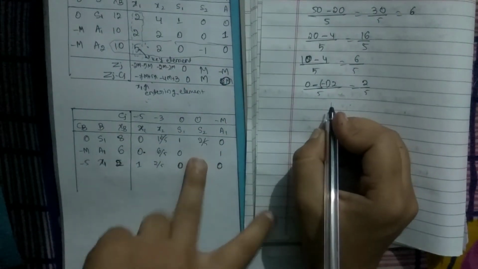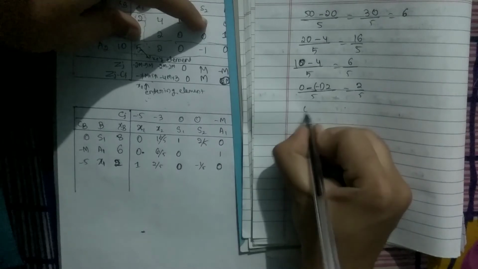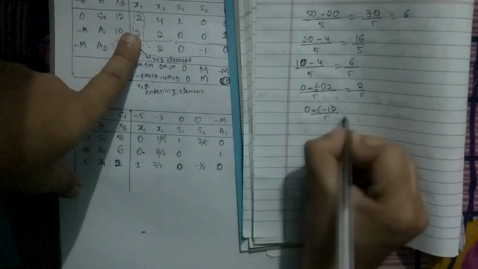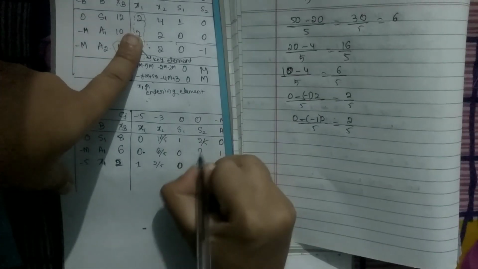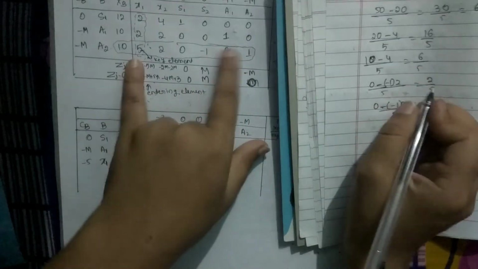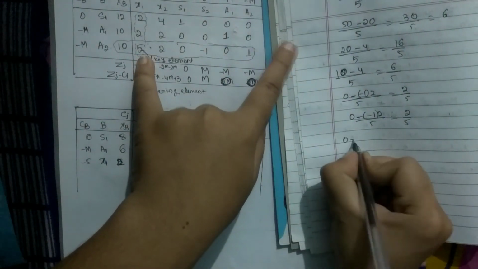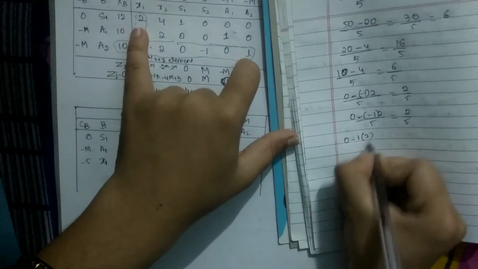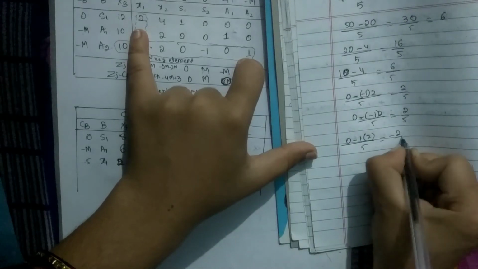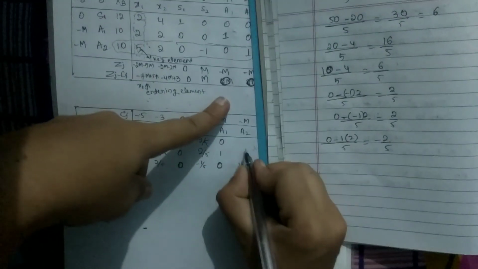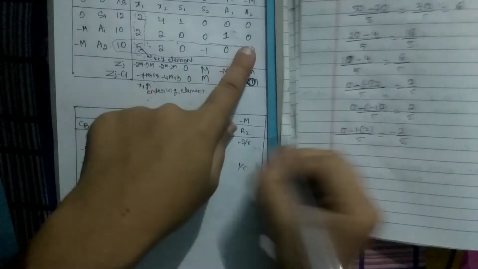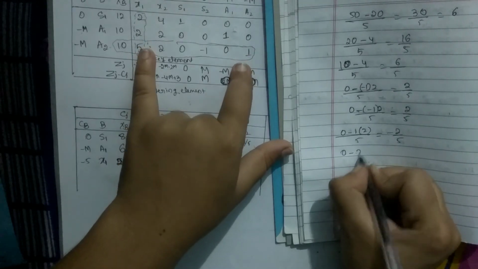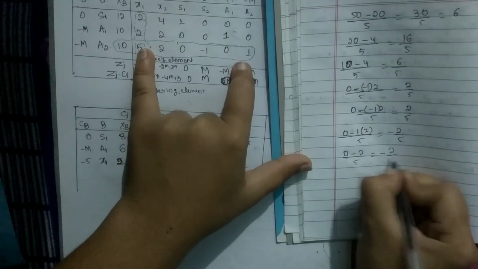And next 5 into 0, 0 minus of minus 1 into 2 divided by 5, 2 by 5. Next 5 into 0 is 0 minus 1 into 2 divided by 5, it is minus 2 by 5. To find this, 5 into 0 is 0 minus 1 into 2 is 2 divided by 5 become minus 2 by 5.